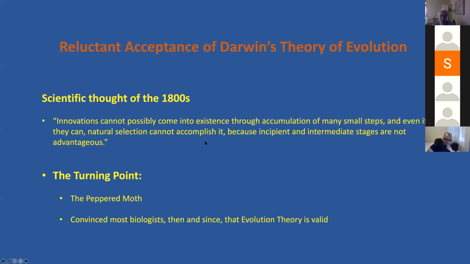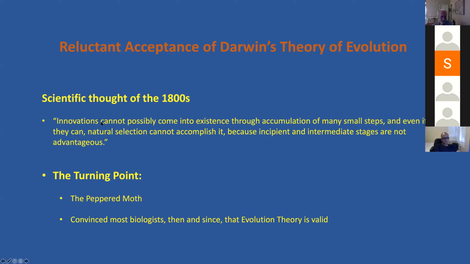When Darwin first published his theory of evolution in 1859, there was a lot of skepticism, including in the scientific community. And biologists in particular didn't really accept it. And there were a number of reasons why. But I've indicated a quote here representing scientific thought of the 1800s.